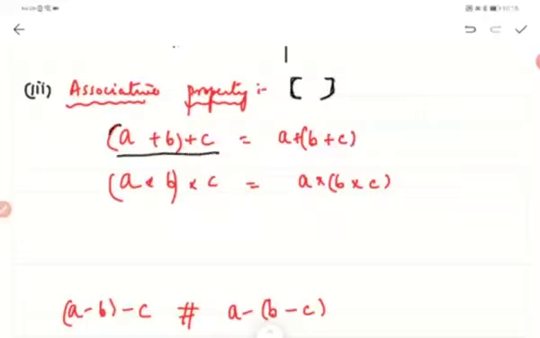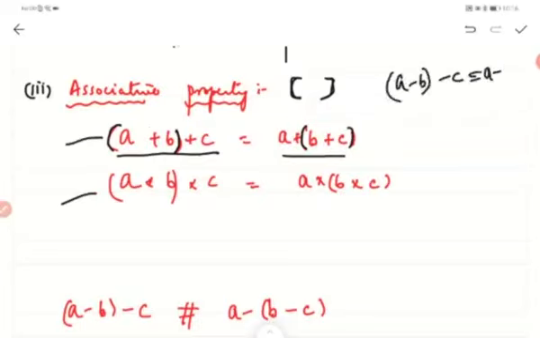I am shifting this parenthesis to the right side, towards a plus of b plus c. Again, associative property is true under addition and multiplication. If you go for a minus b minus c and shift the bracket, this will not be true. So only under addition and multiplication it will be true.